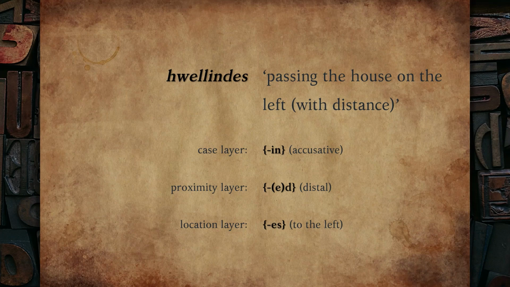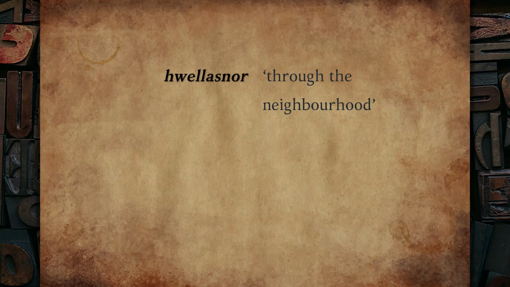The next example is a bit more of a stretch, but it is there to demonstrate what the system can do, what nuances we can express, and what extensions we can express. So, huelasno would mean through the neighborhood, but more literally, it would mean around the house, but with the house not really in reach, right?